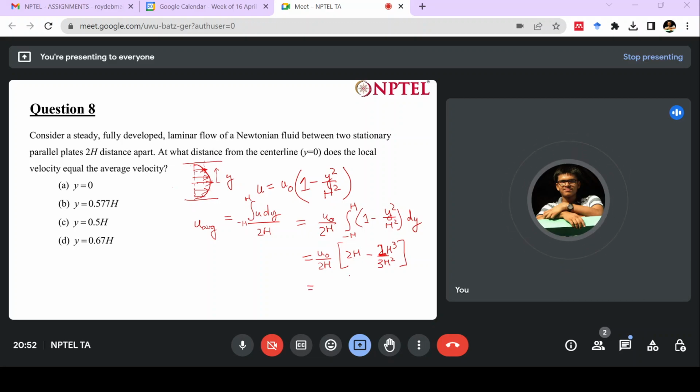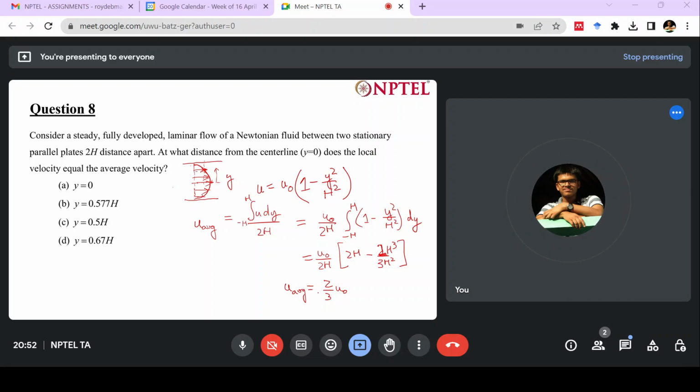How much will be 2 minus 2 by 3? It will be 4 by 3. So another 2 is there, so 2 by 3. The h will all get cancelled. So 2 by 3. So this is my u average.